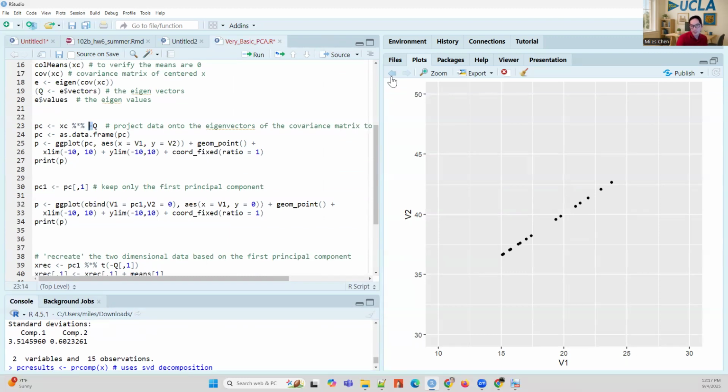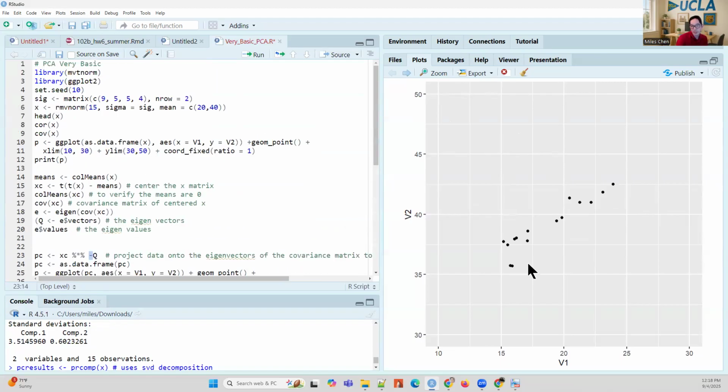But the idea is you've taken your original data, you're rotating it to maximize the variance in one direction. And then once you have it maximized, you can get rid of one of the other dimensions and you're only losing a little bit of information. Okay. Versus if I just completely got rid of X1 or X2 here, I think we would be losing a lot more information.